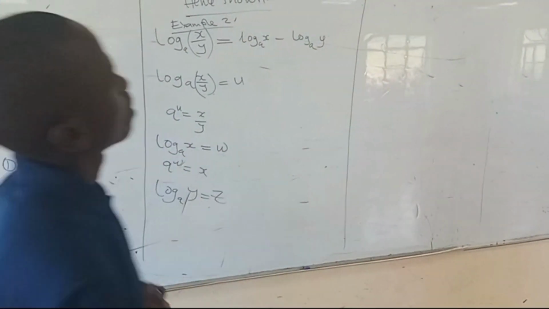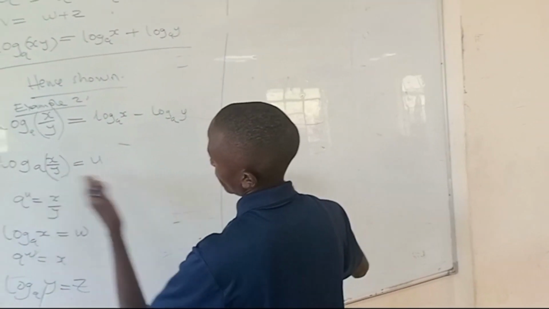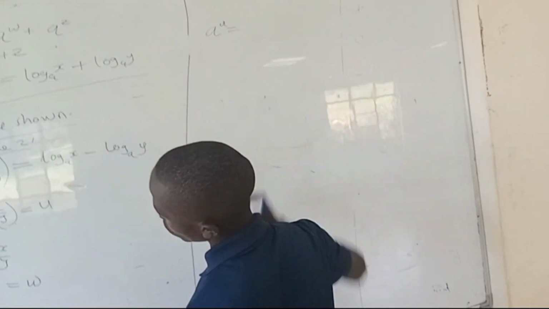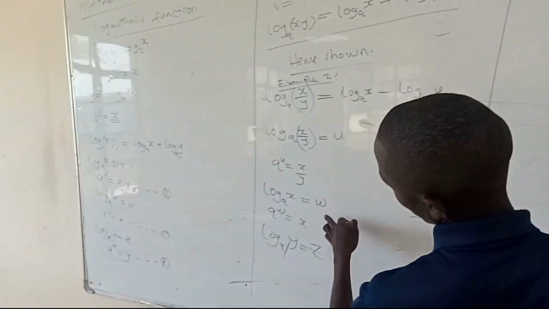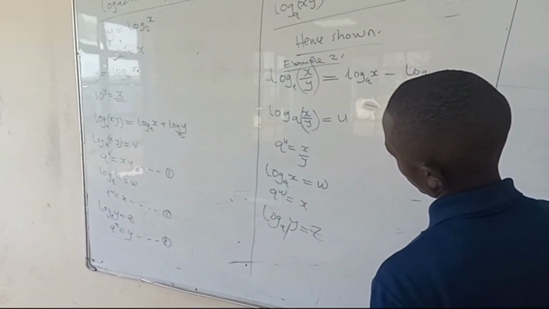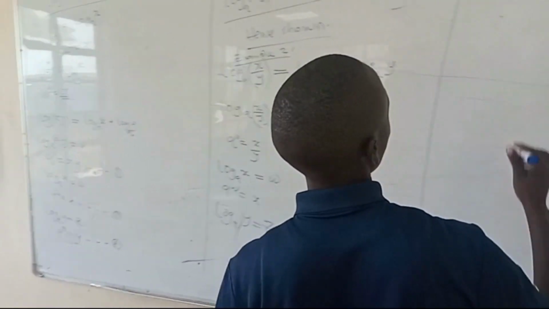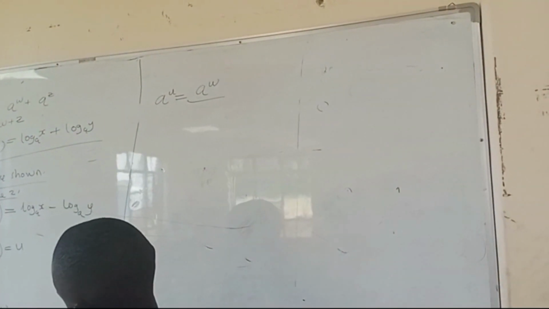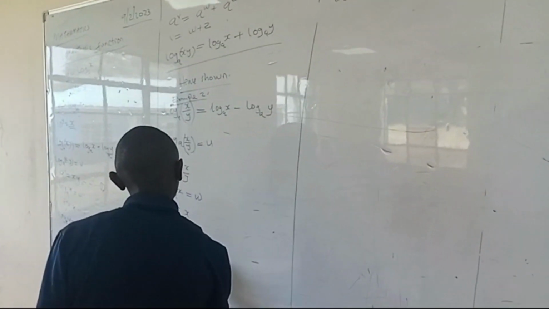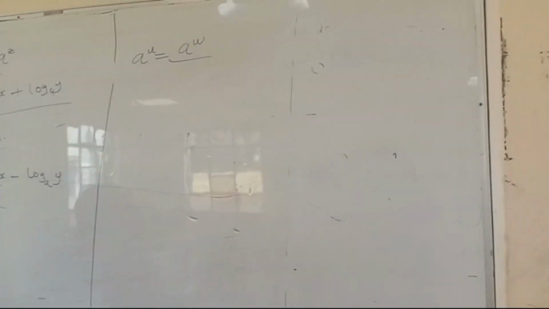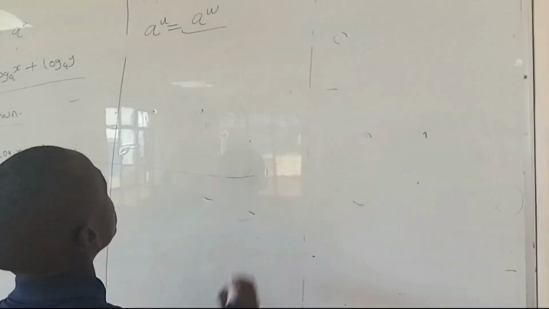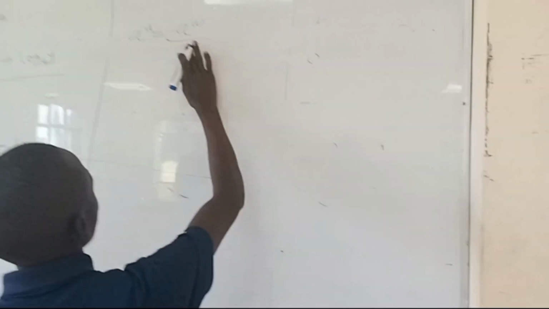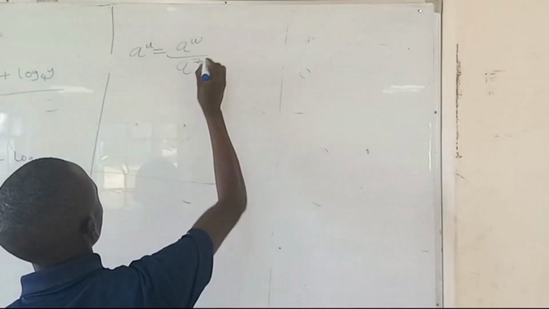Let's write them in the correct order. So a power u equals a power w over a power z, remember, a power z is for y.